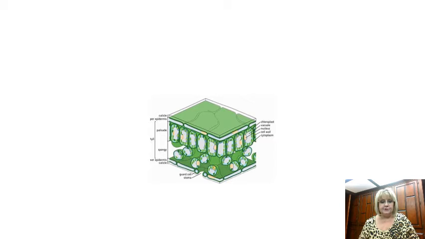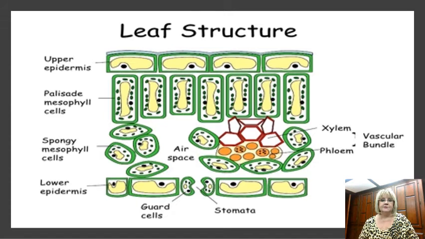So you can see on here where the guard cells are at the very bottom, and the stomata is that opening there, and that is where that exchange takes place. So this is the same cross section of a leaf.